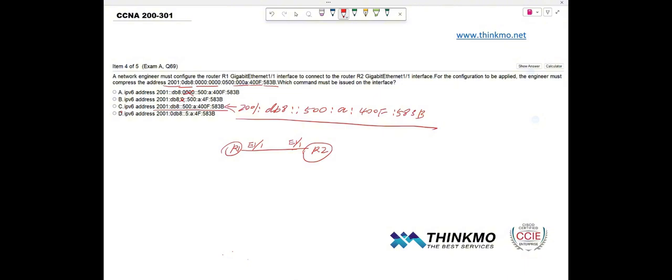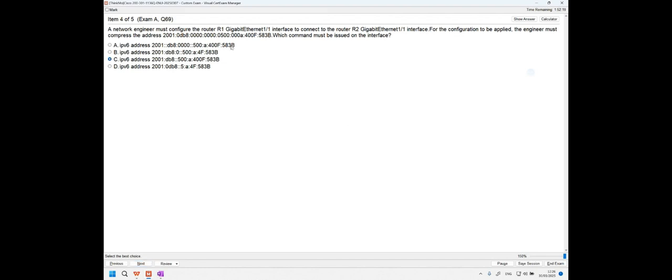This placeholder is not needed. And the error in the third option is that the higher bits were not compressed. So the answer to this question is C. Let's look at the correct answer. Choose C.